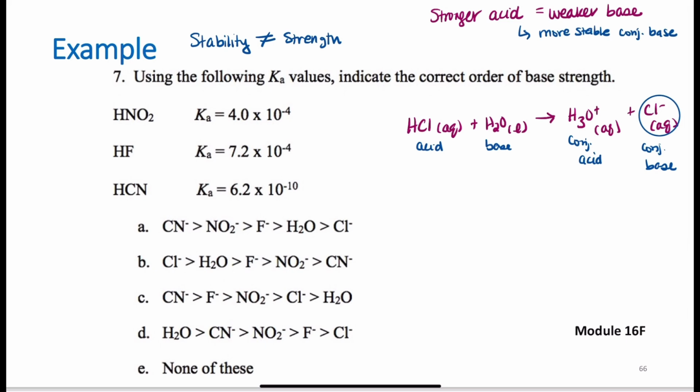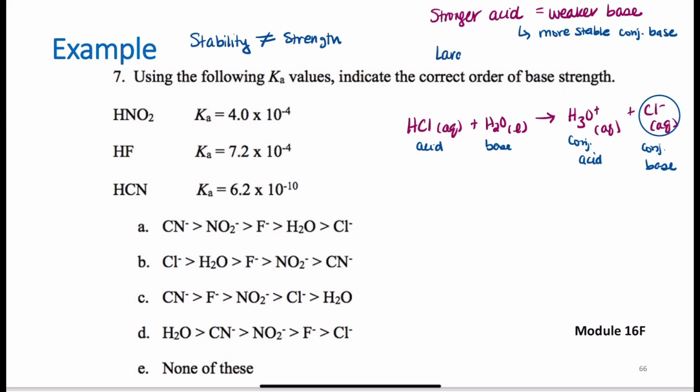It's very, very stable the way it is. So stability and strength are not the same thing. Strength is how willing it is to act as a proton donor or acceptor. How likely is it to act as an acid or a base, okay? The strength comes from the stability of the conjugate. So strong acids have weak bases, but very stable bases, conjugate base specifically.